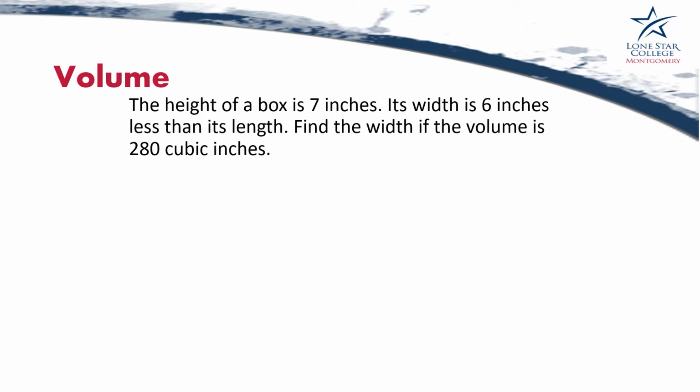When we're talking about the volume of a rectangular box, we know the formula to find the volume. It's like the area, just adding another dimension to it, which is the height. It's length times width times height. Now let's see what we have. We know right away that the height is 7 inches.